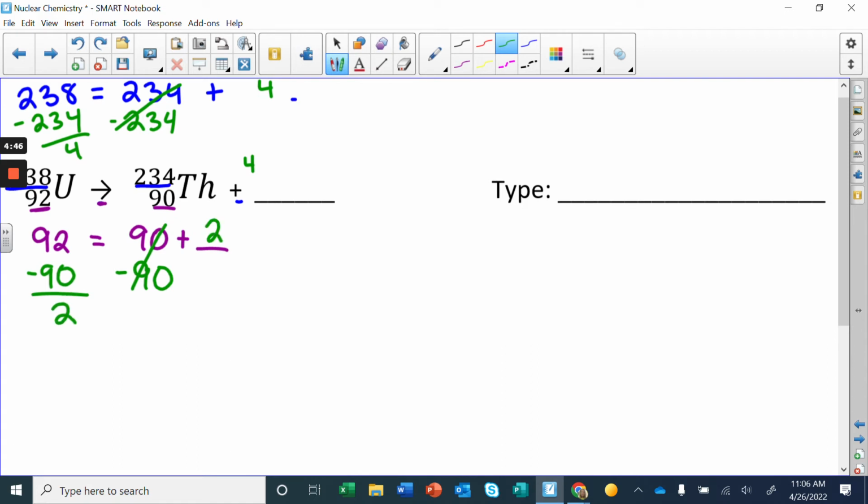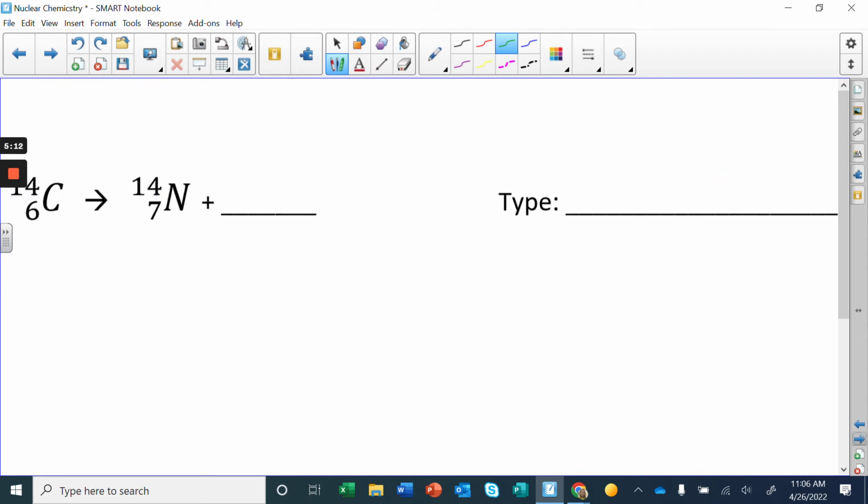So the bottom number is going to be 2 over here. Now we just need to figure out what symbol goes with this. A 4 on top and a 2 on bottom should be an indication that this is a helium atom. And since a helium atom is being released, this is an indication that this is alpha decay.